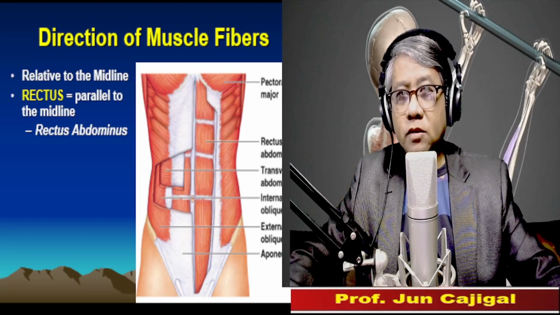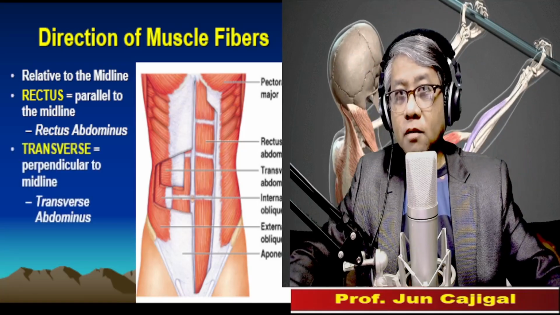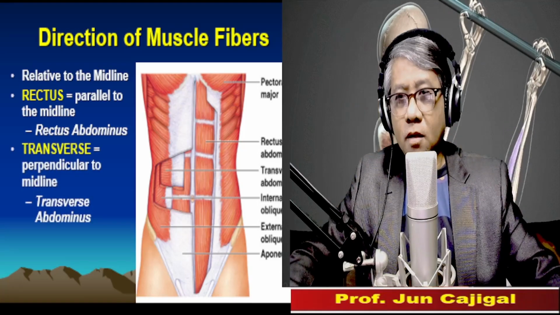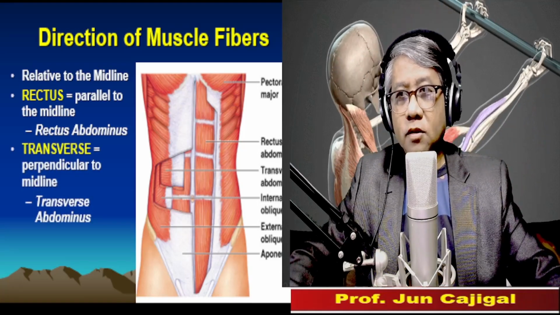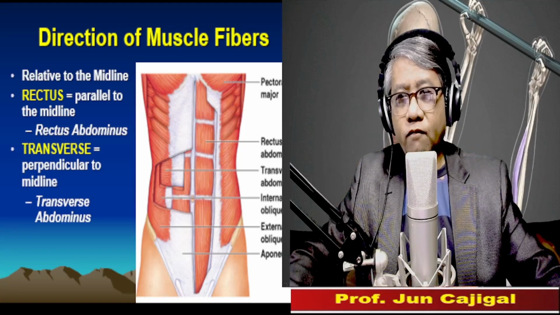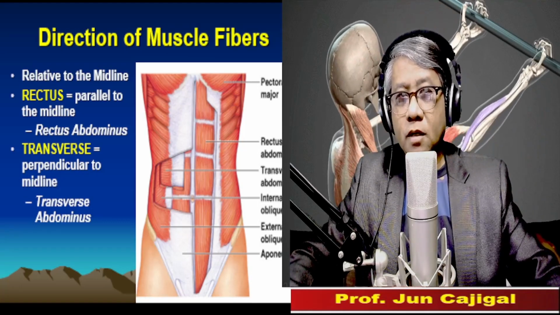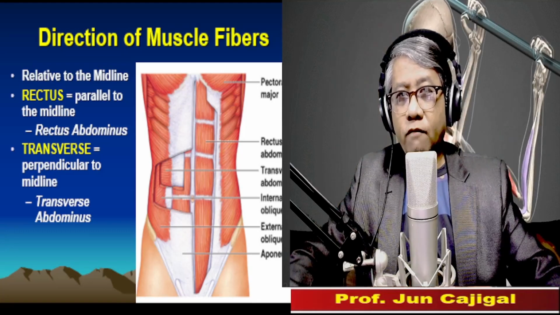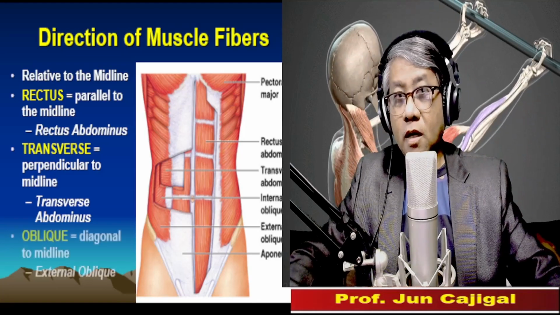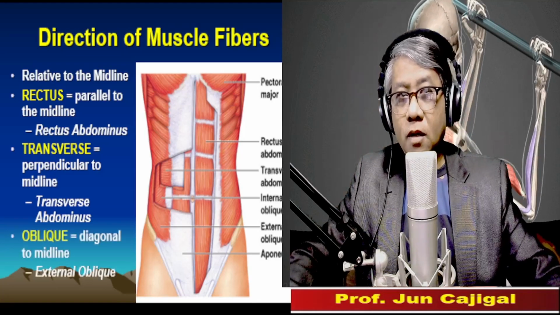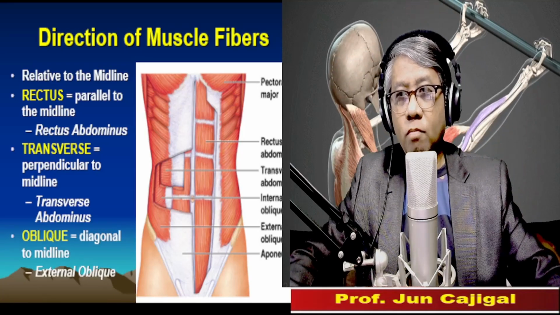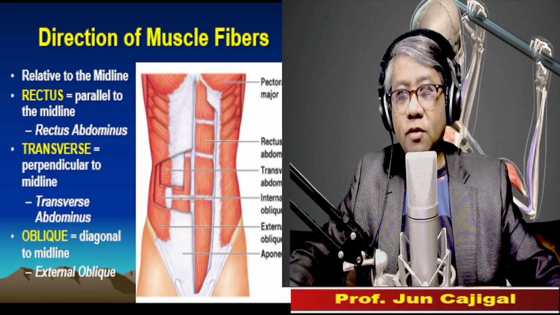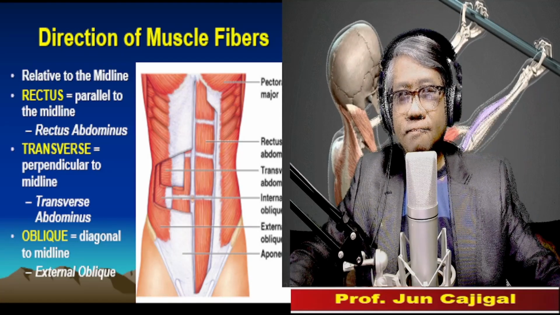If the muscle fibers are perpendicular to the midline, we call that transverse, like transverse abdominis. And if the muscle fibers are diagonal to the midline, we call them oblique, like external oblique.